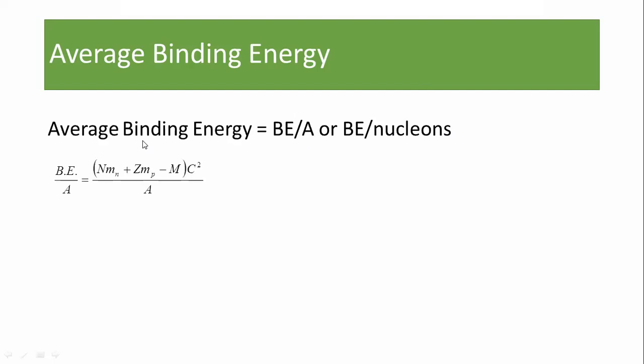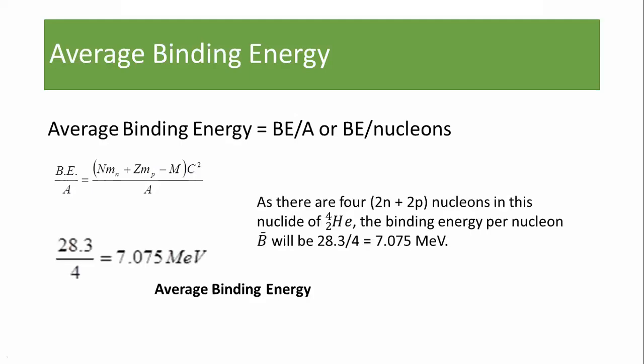So let's see. Again, this is the same equation I am using because this is the proper way to explain. Inside is the mass defect, and when you multiply by c squared, this would be the binding energy. And when you divide by the nucleons, here the mass number, then it is called the average binding energy. And how can you calculate it? Simple.